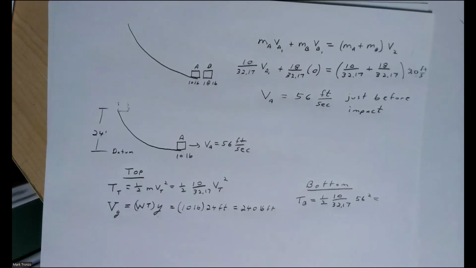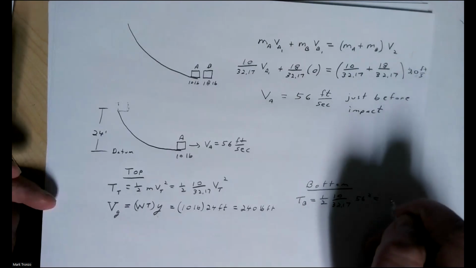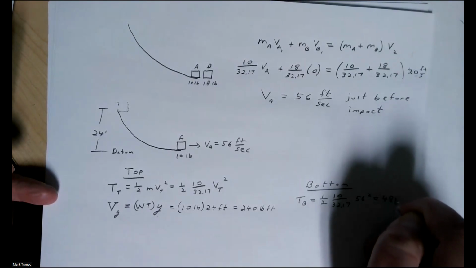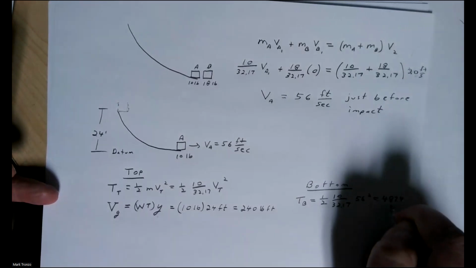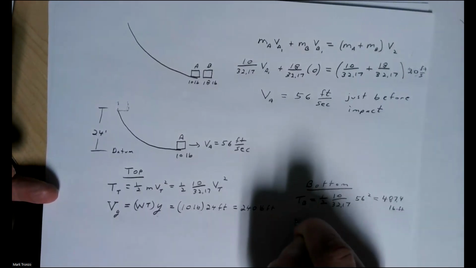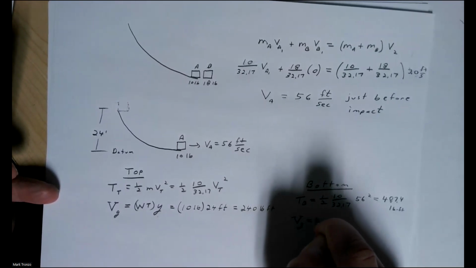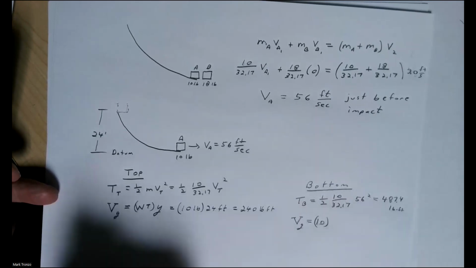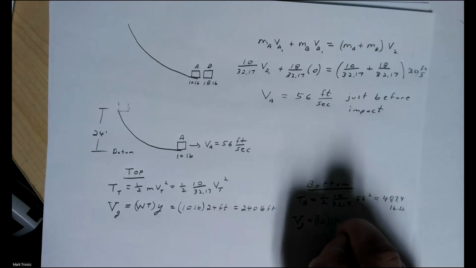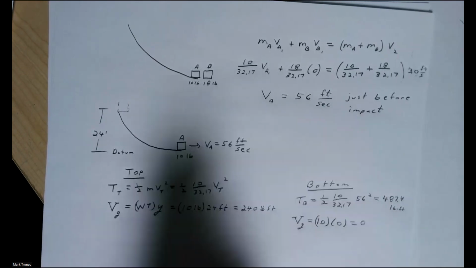And if we put this into our calculator, we get 56 squared, and this comes out to be 487.4, and that's going to be pound-feet. Now the potential energy at the bottom due to the weight, again, it's going to be the weight, 10 pounds, times the distance above or below the datum line, but it's right on the datum line, so that's going to be 0.